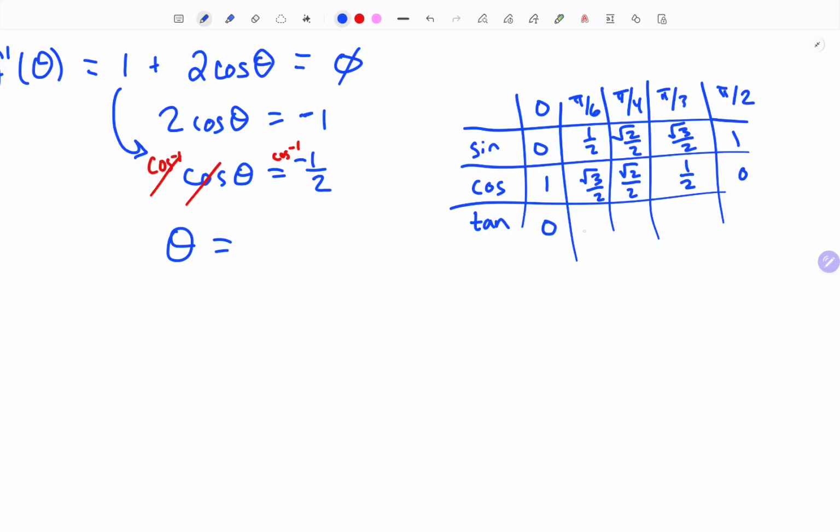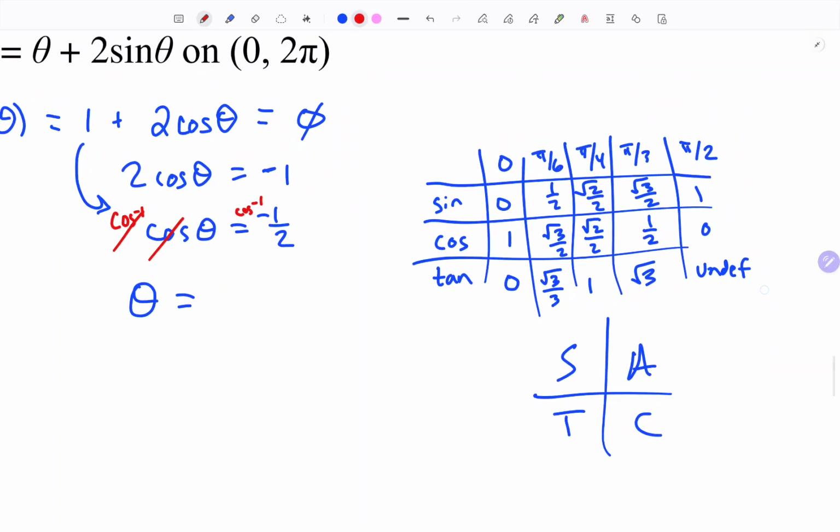I would recommend always doing this as the very first thing you do when you get a test, and then you just have it for the whole test. So we want, where does cosine give us 1/2? That's at pi over 3.